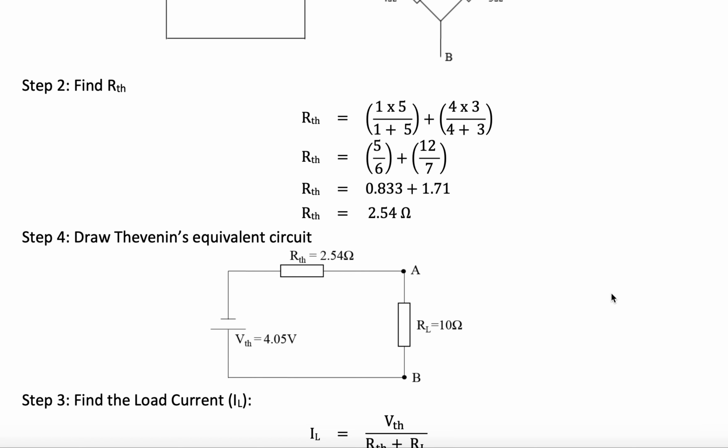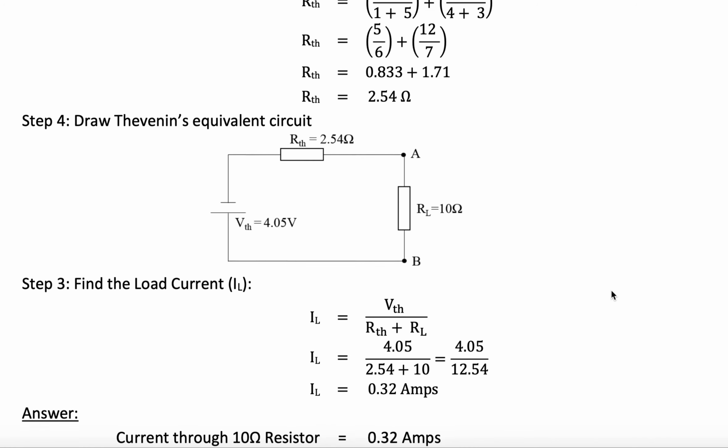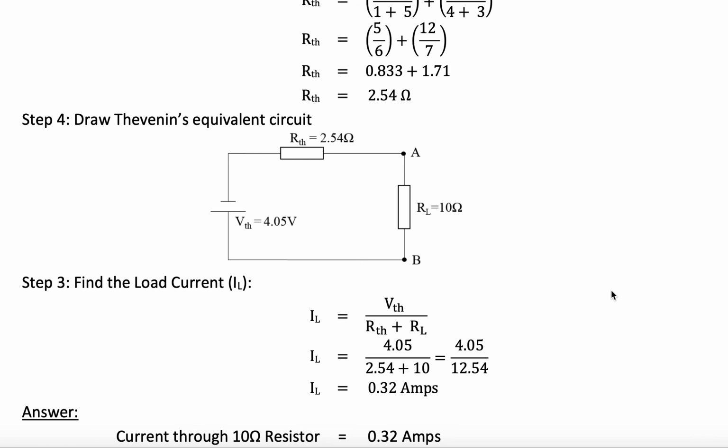Now we are going to find out IL. 85 by 21 is 4.04, divided by 12.54, which gives 0.322 ampere as the current.